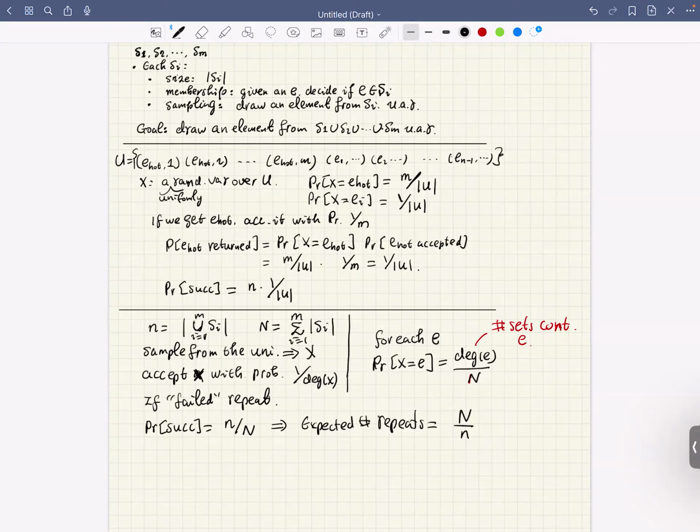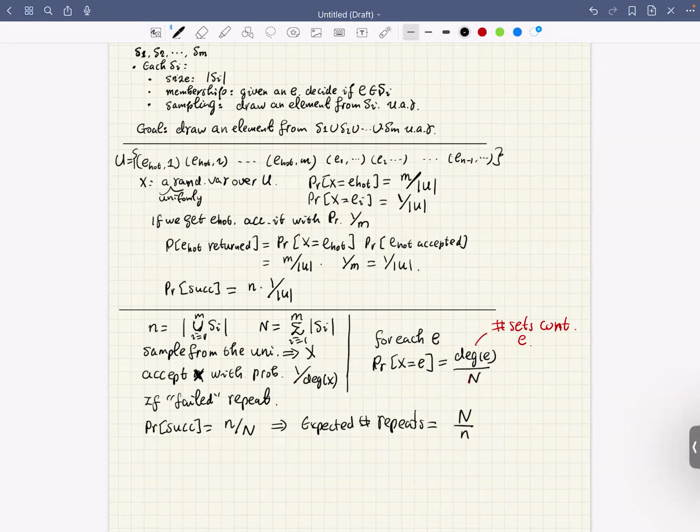This is very important because whatever you do there is going to go into the total running time. The framework says you will be doing big N over small n repeats, but every repeat would take you some time. The time is precisely how much time you would need in order to implement the acceptance step. If your strategy is slow, the total is going to be big, and if you are fast, you get a faster algorithm. So this is a very crucial step here.